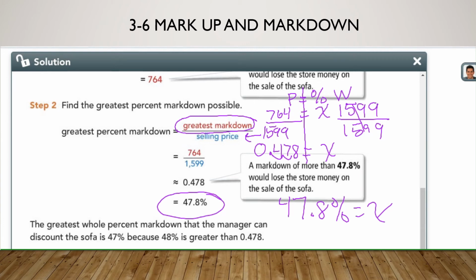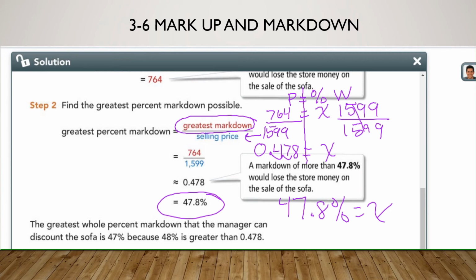Here it says the greatest whole percent markdown that the manager can discount the sofa is 47%, because 48% is greater than 0.478.